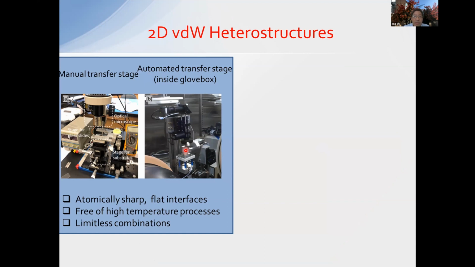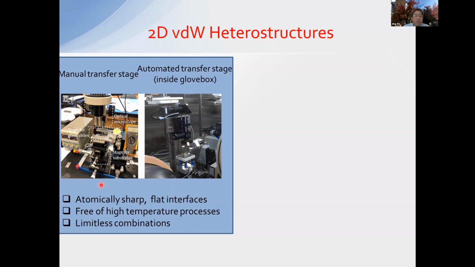By doing this, we can extend the lifetime of the device, especially with some of the air and moisture sensitive materials in the material stack. With that, we can make a variety of heterostructures composed of the members of the van der Waals family that I showed earlier, the magnetic ones.